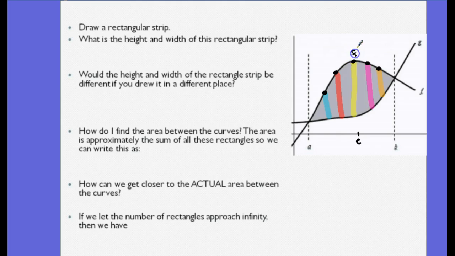That would make the height of the yellow rectangle, or this point here, f of c. That would mean the base of the rectangle is at what point? g of c. So the height of the rectangle would then be what?